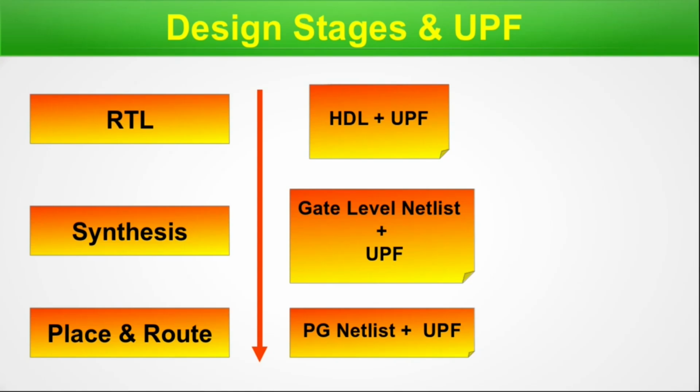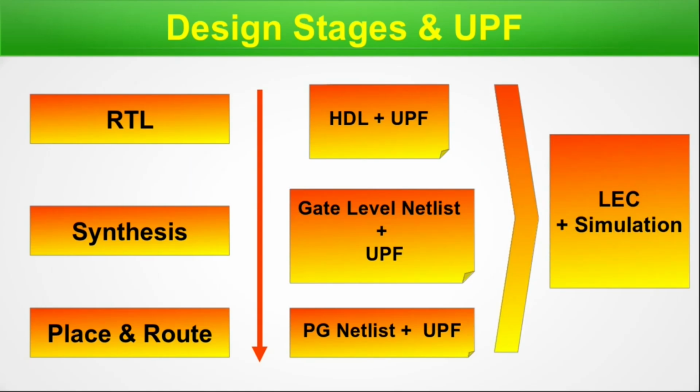So UPF comes into the picture at all these stages, almost throughout the entire design flow. And at the last, we have the verification and simulation stage, where all these UPF files are also checked, across the entire SoC flow.